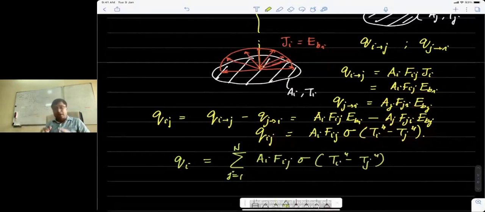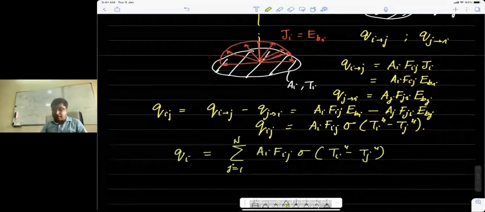So if you had any N black bodies in the enclosure, then clearly this is for 2. If I add more, then this would be the total or net radiation exchanged by surface I with those other surfaces. But of course, it requires that all surfaces should be black bodies.